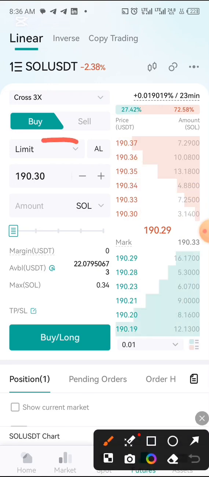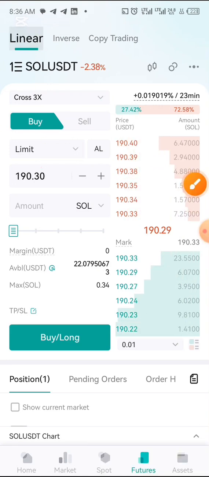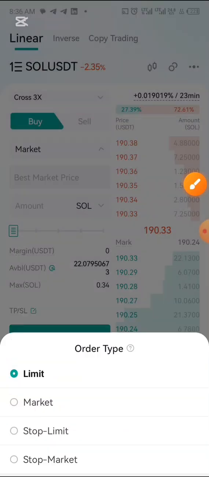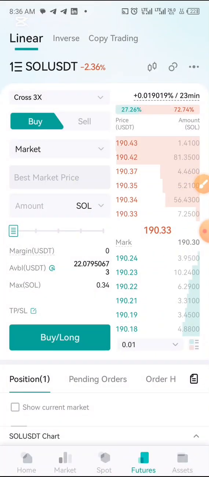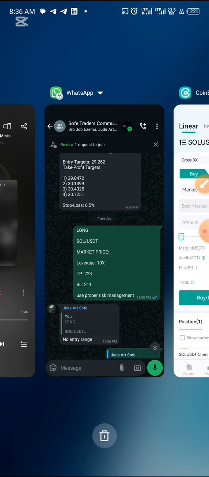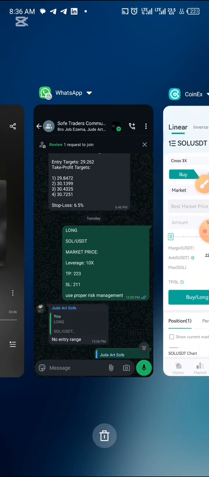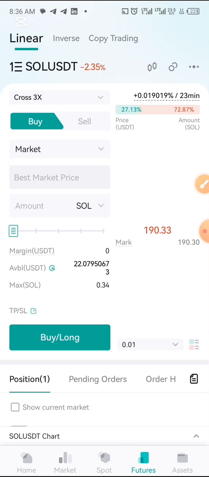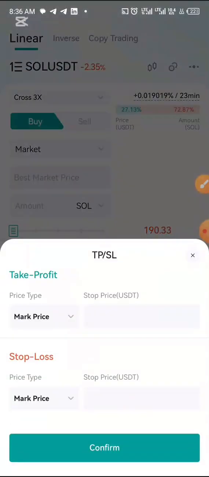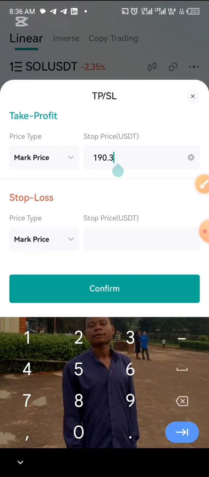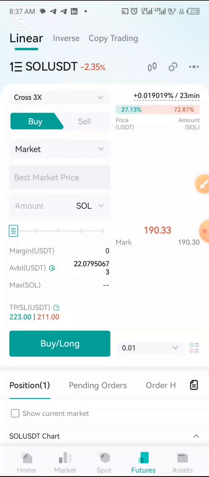So you click on limit order, click on the limit to see market, you click on market. It's telling you we are longing at the available price, and it gave us stop loss and profit: 223 and 211. So we come here for our stop loss and take profit. 223 and 211. Okay, confirm.